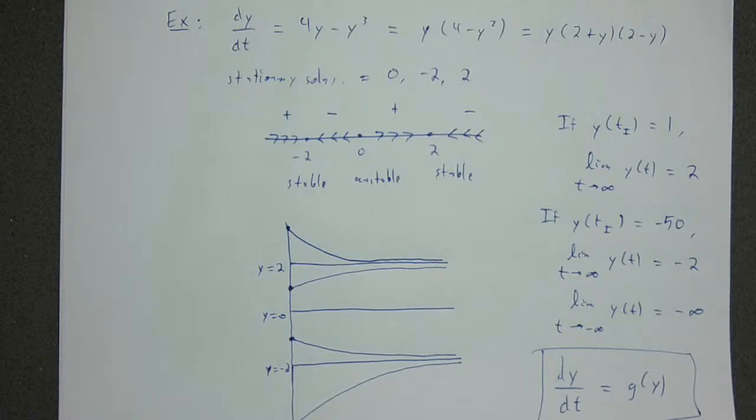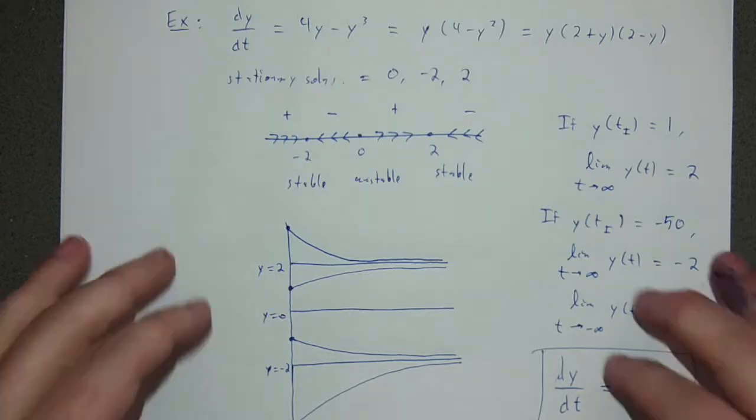Now, there's another thing that's mentioned in the notes, but typically it is only mentioned in the context of generating it with a computer. And that is the notion of a slope field. Okay, now you could do this by hand, but it's so tedious and kind of pointless.